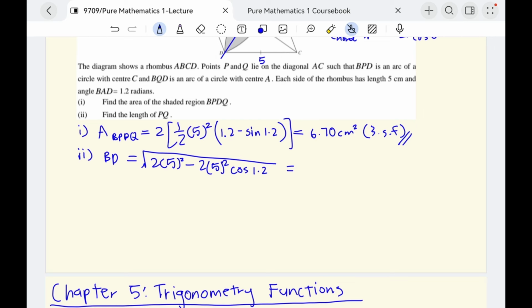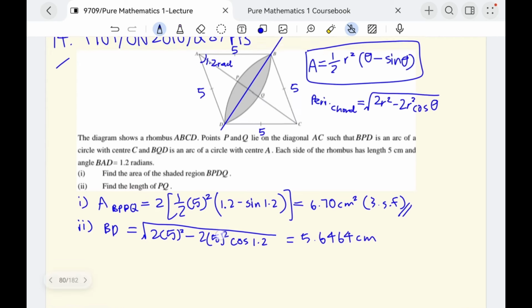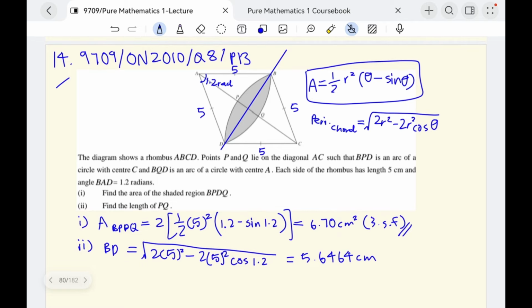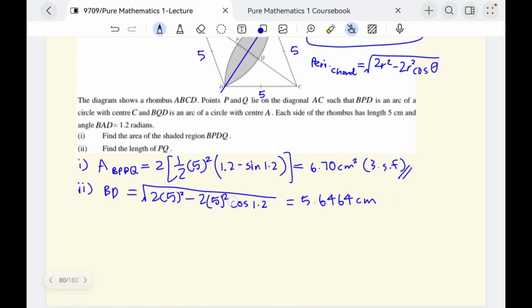I don't think it is possible to leave it exact, so instead I will leave it in decimal form. So by right, you will get 5.6464 cm. This is the length of BD, the chord of the circle.